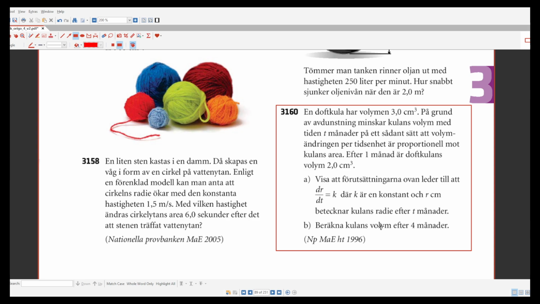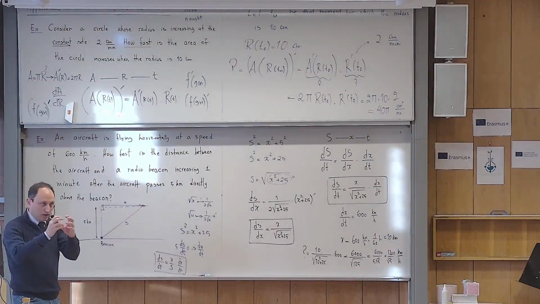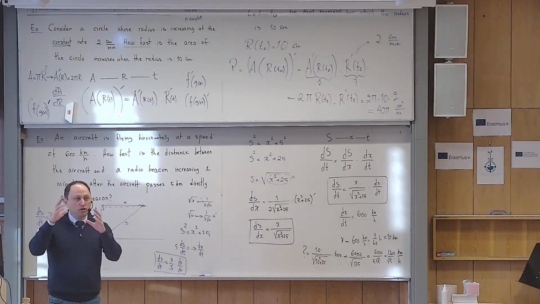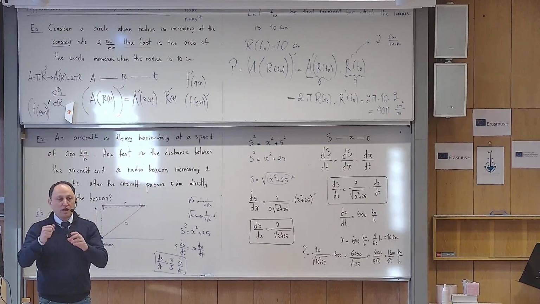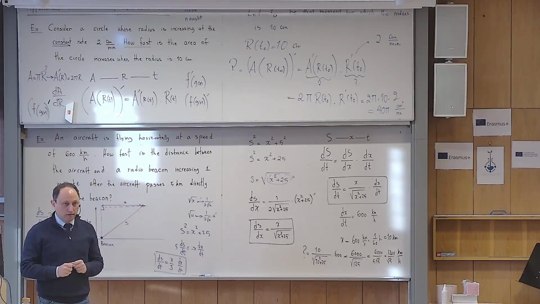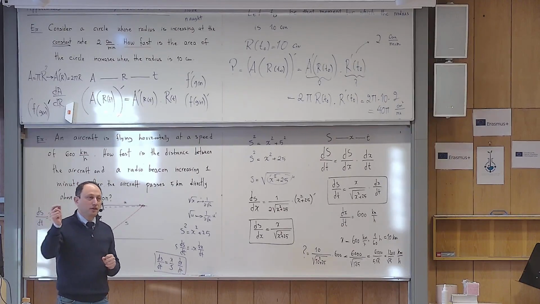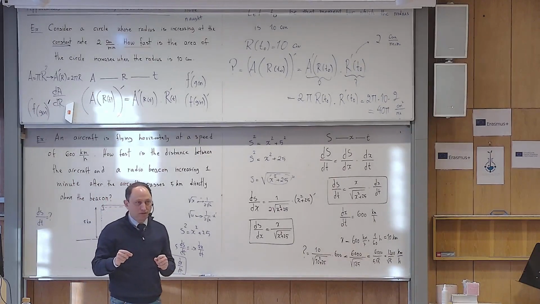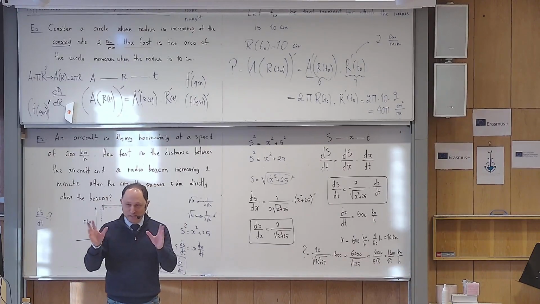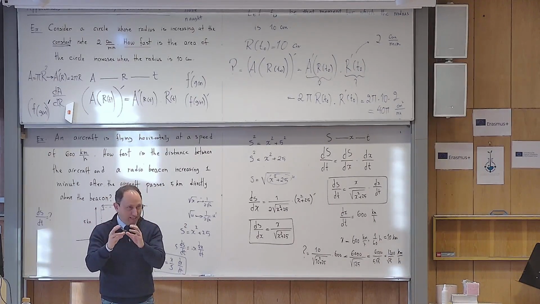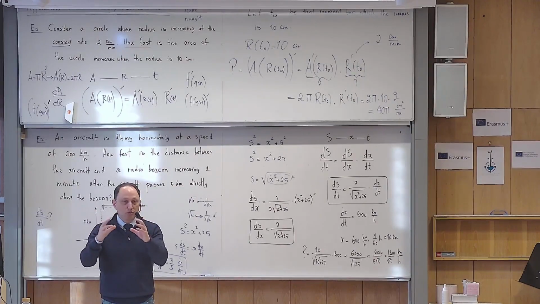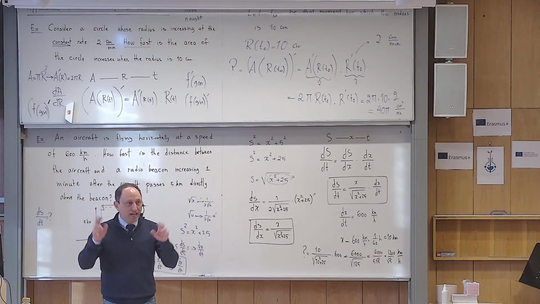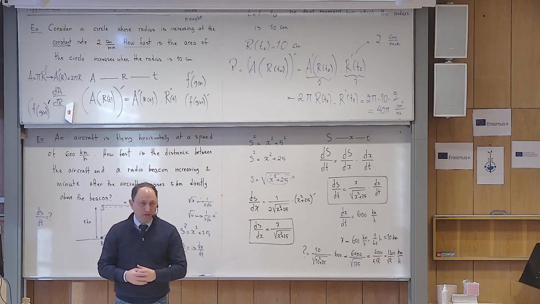Is the problem clear? So I have a sphere. The sphere is shrinking. The initial volume is given. The volume after 1 month is also given. On top of that, they have given you an extra piece of information. I don't know how they manufactured this candle anyway, but this candle is burning in a way that the rate at which the volume is shrinking is proportional to the instantaneous area of the sphere.